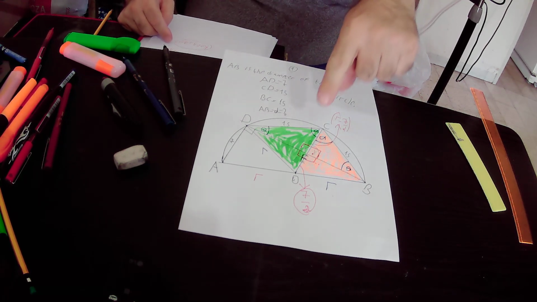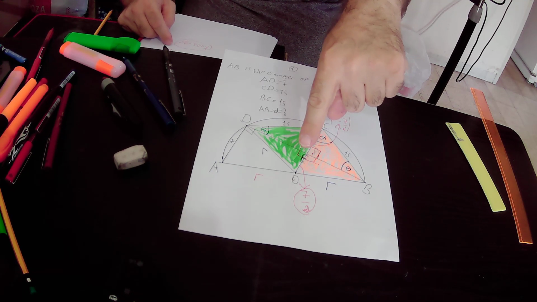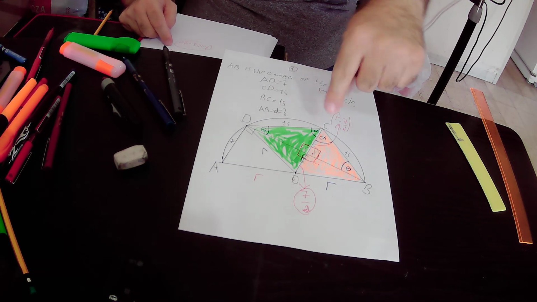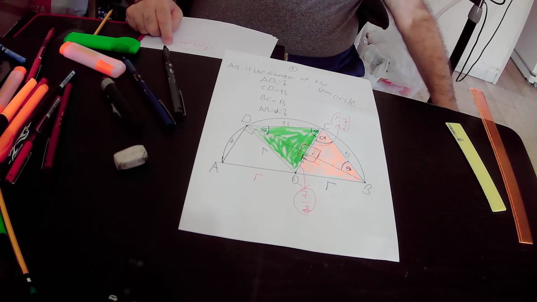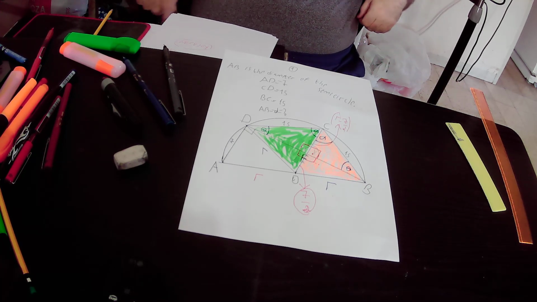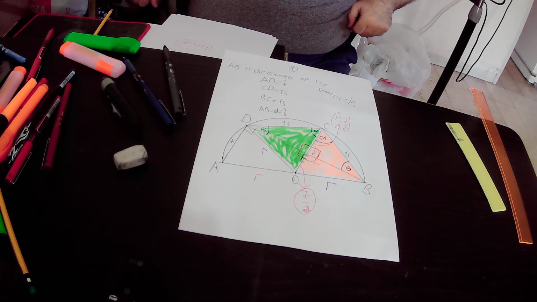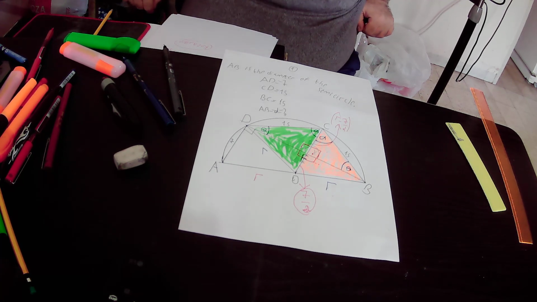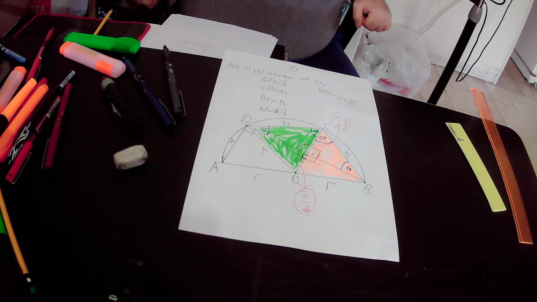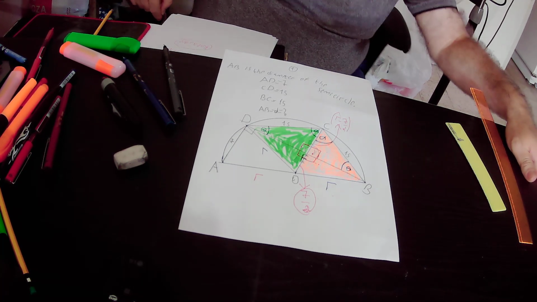And we also know that OC is the radius of the circle, therefore it is a straight line. And we know that along a straight line, at one side, if we focus at a certain point, the sum of the angles is equal to 180 degrees.